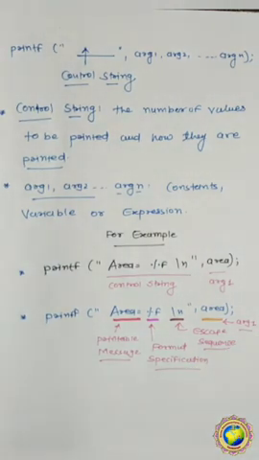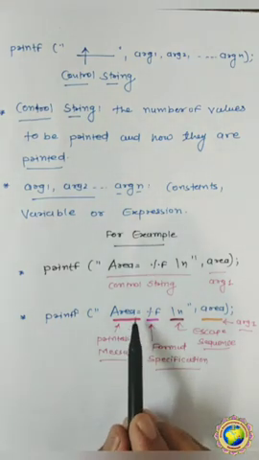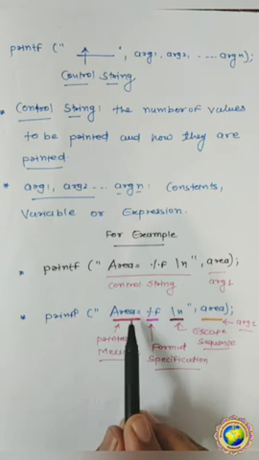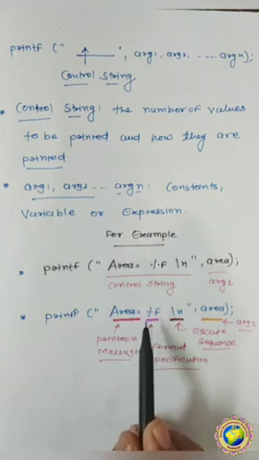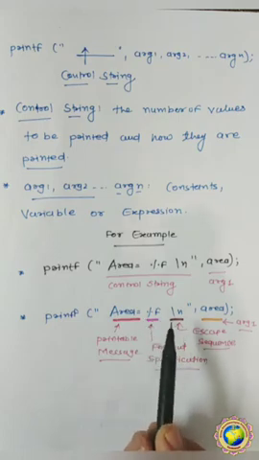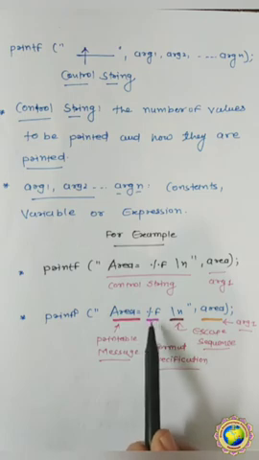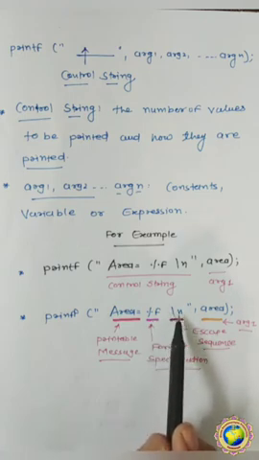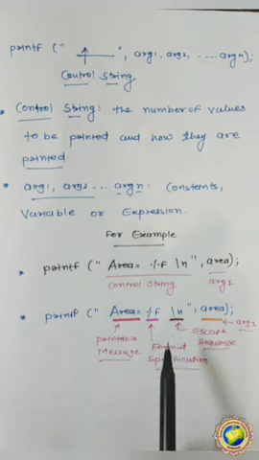Okay, so here you can see that this is the printable message. It means we cannot change it, and this is the format specification %f, which denotes the value which is printed of the particular argument that is a float, and this is the \n, that is an escape sequence which is used for a new line.